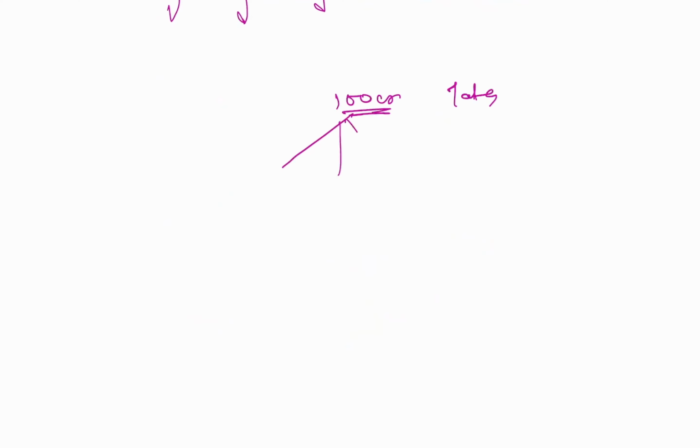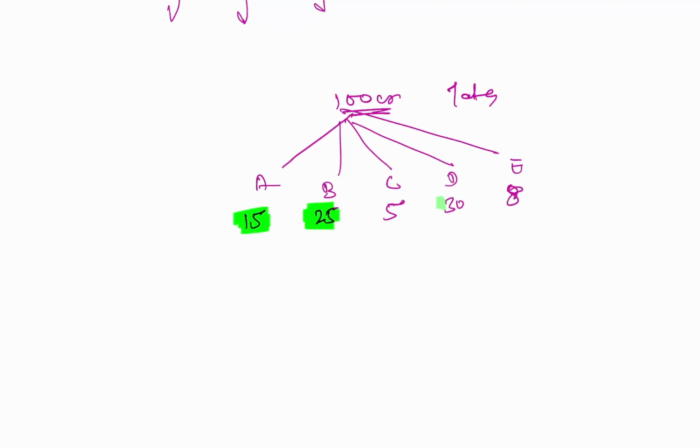Now they have segments A, B, C, D and E. Suppose they are doing 15 cr business, 25 cr business, 5 cr business, 30 cr business and say 8 cr business. So now I will consider only these three as segments. I will not consider the others as segments because they are a very small part.